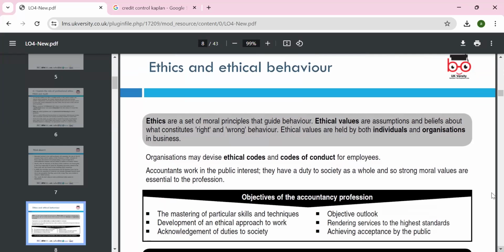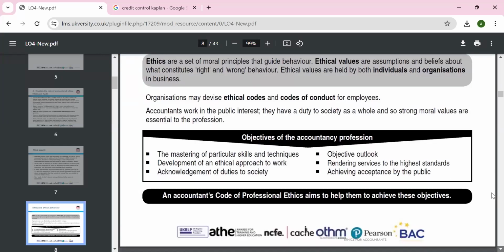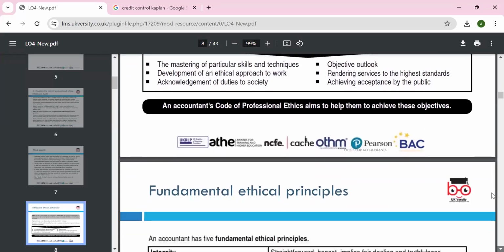Moral values are essential: mastering the particular skill and technique, developing an ethical approach, acknowledging the duty towards the wider interest of society, not just shareholders' wealth maximization. Now we have the concept of stakeholders' interest and their wealth maximization as well. And objectivity, rendering services to the highest standards and in the public interest, we really need to look at.